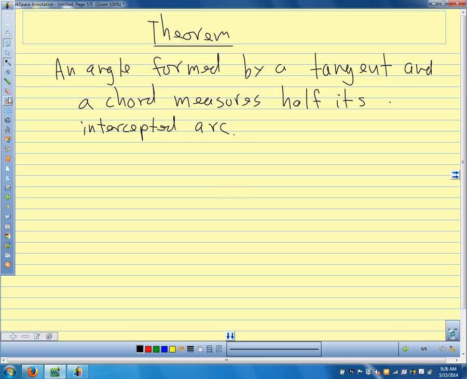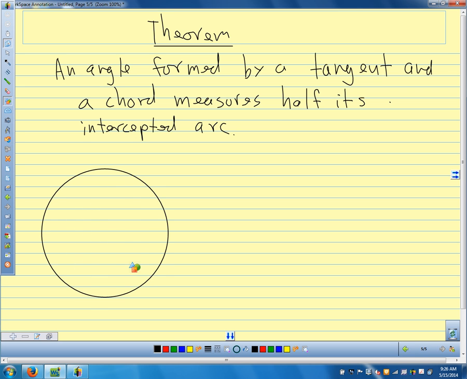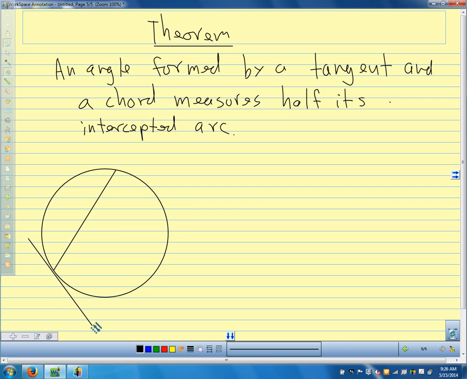So let's draw a picture of this. This sounds different than what we were talking about before. It really isn't. So a chord. Here's my chord. And here's my tangent. Let me get it right in between there. There we go.